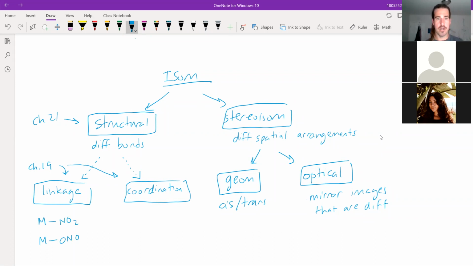Right. Same with coordination. You're going to have different ligands. You'd have a metal with A ligands and B counter ions, and then you could have B ligands and A counter ions. You obviously have different things attached to the metal, different bonds, different structures, right?